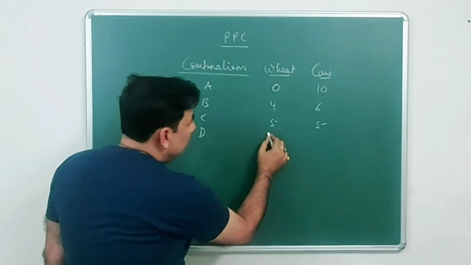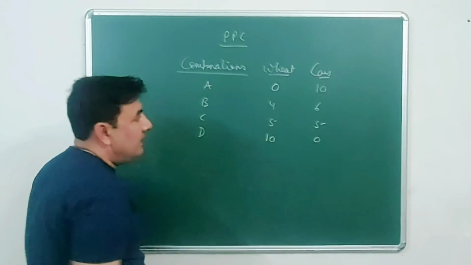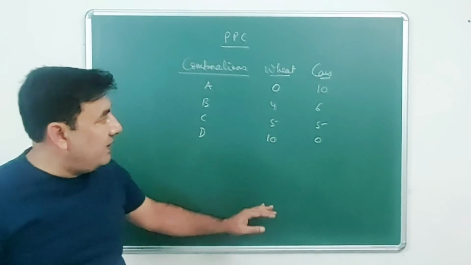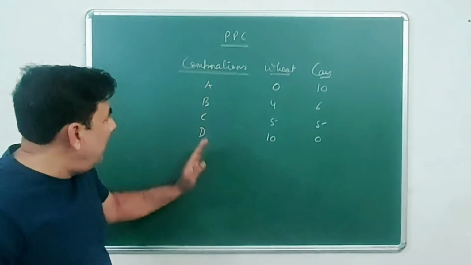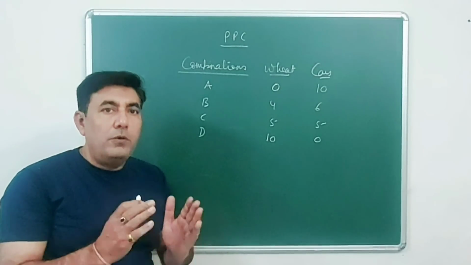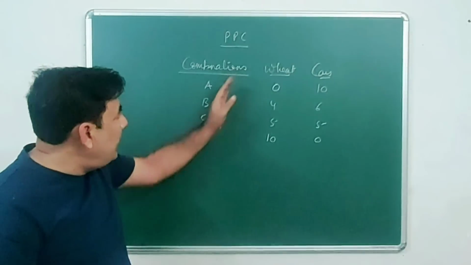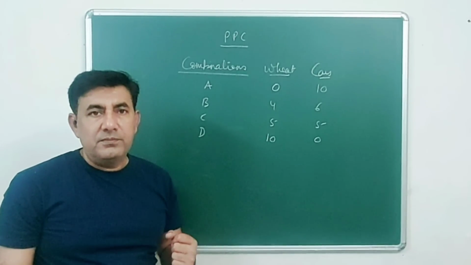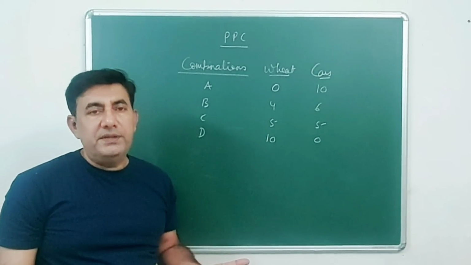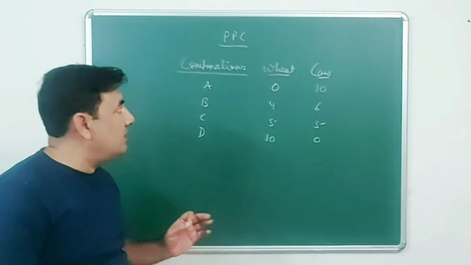And in the last, we are manufacturing only this and cars 0. From this figure, we can easily predict what this PPC is all about. These are the different possibilities or combinations, and we have to choose which one is the best combination for us. That is all about PPC, production possibility curve.